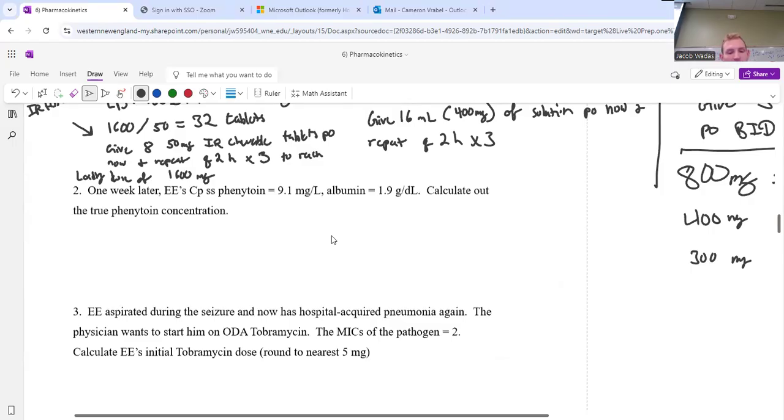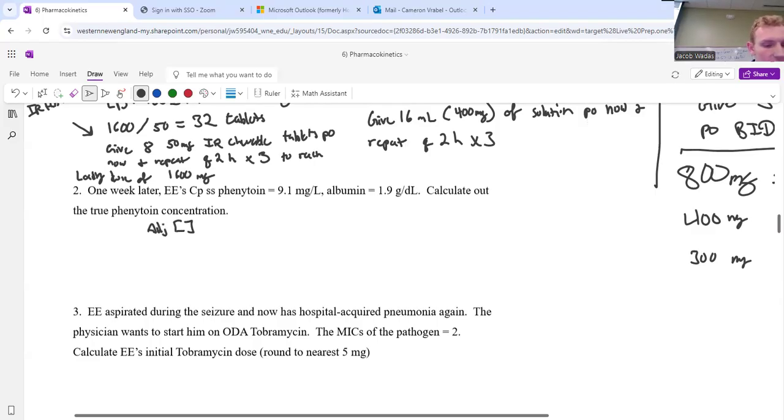So this is when a patient has low albumin. Just remember that low albumin begins at less than 4.0 grams per deciliter. Now we have to calculate the true phenytoin concentration. This equation is on our equation sheet, right below the second tone.